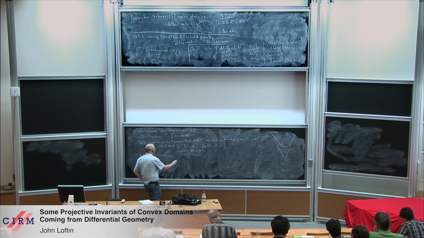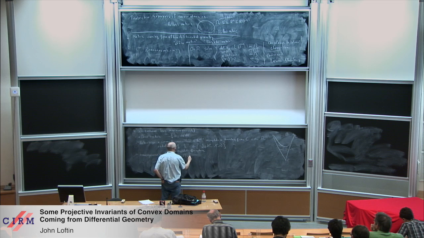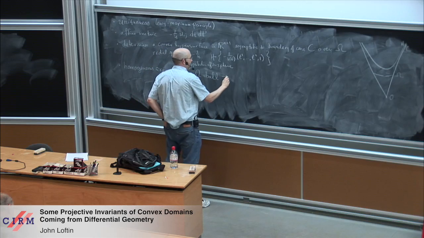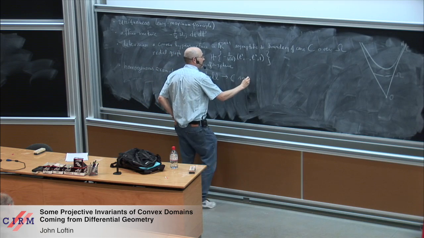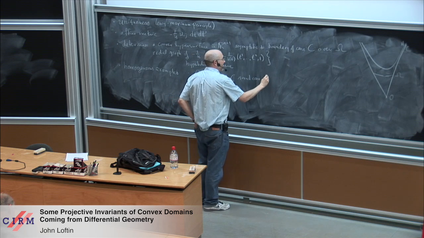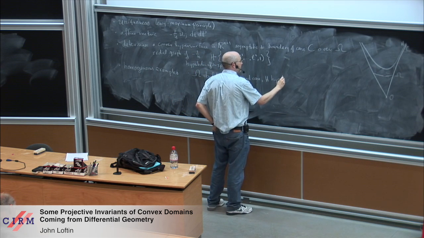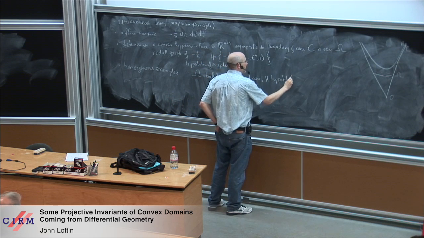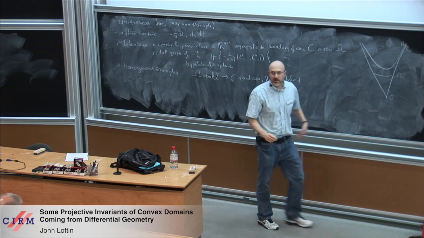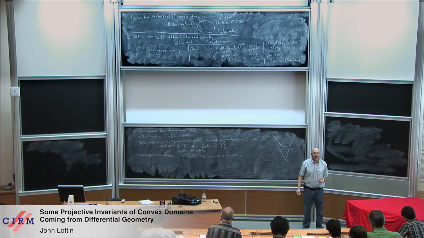So the first one is if omega is a ball, then C is a round cone, and H is just the standard one sheet of a hyperboloid, right?